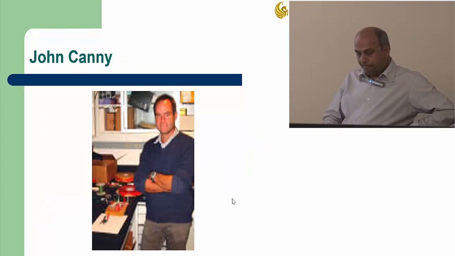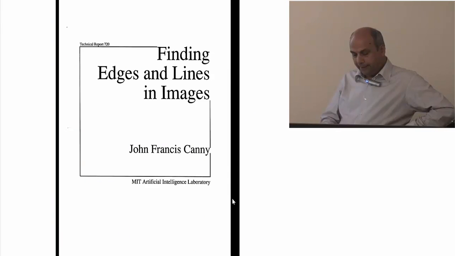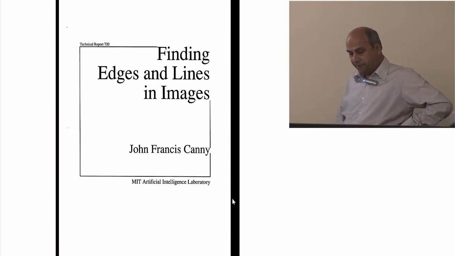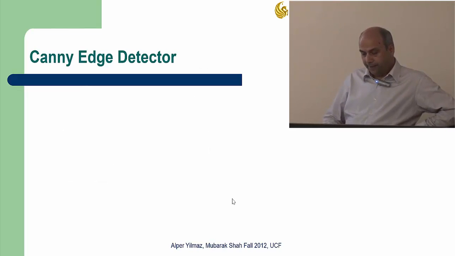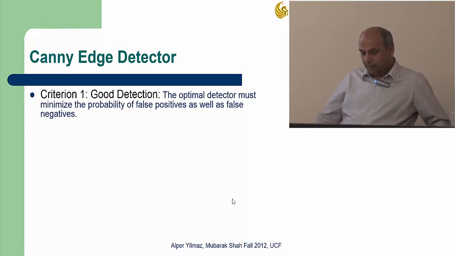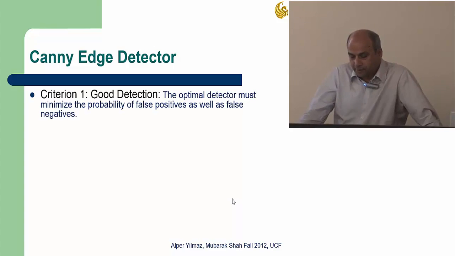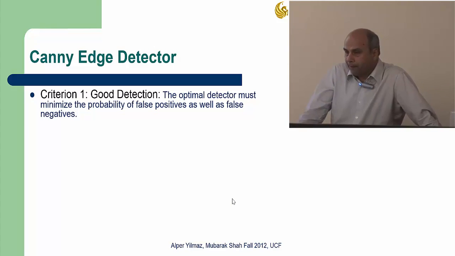This is a picture of John Canny, and he also wrote a master's thesis. Let's look at the criteria which we want to optimize. You want to come up with an edge detector or a filter which optimizes these criteria.